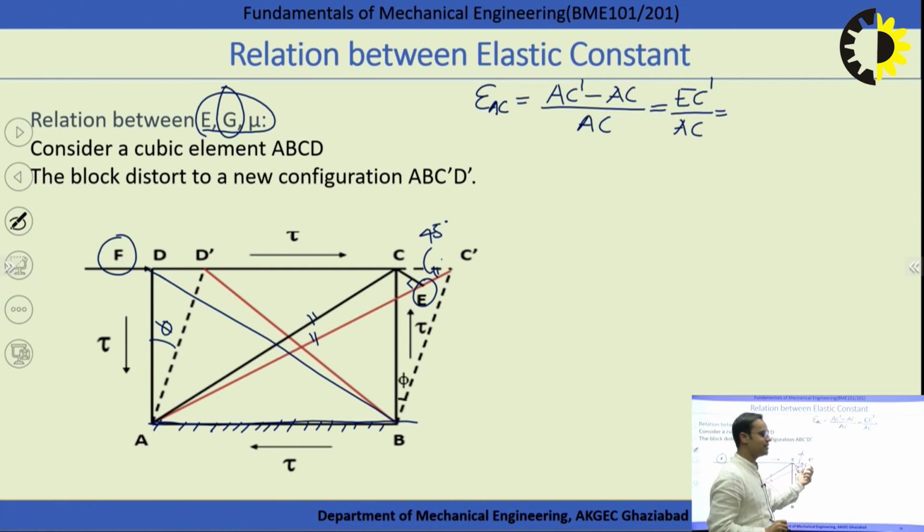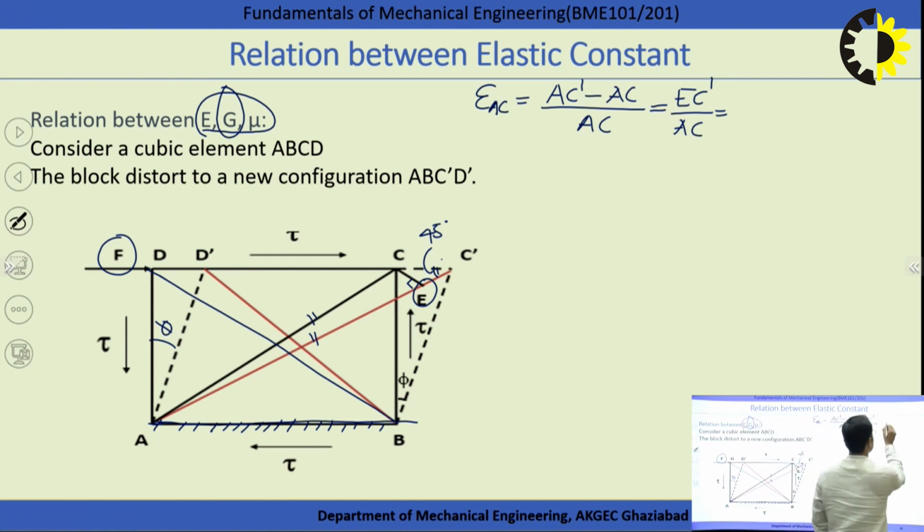From this triangle ECC dash, we can write cos 45. So what is the value of cos 45? This is CC dash upon EC dash. So we can write CC dash cos 45, divided by AC.